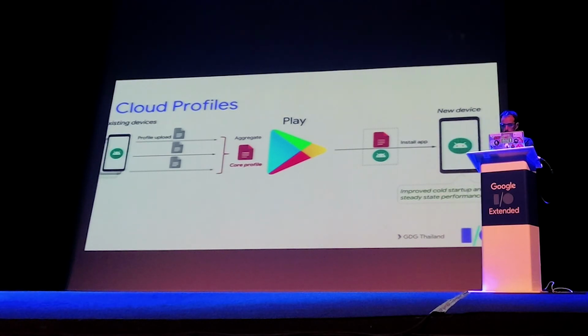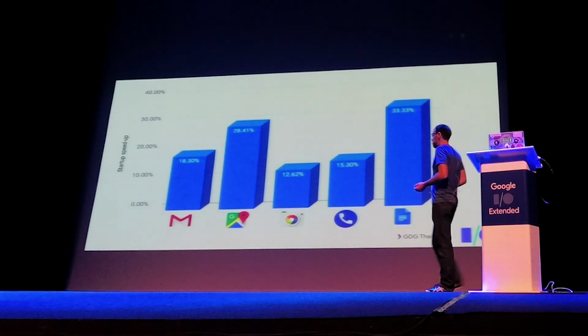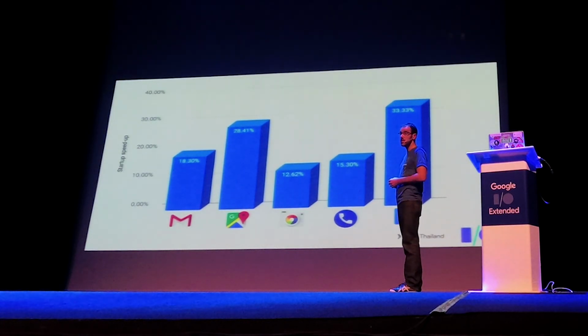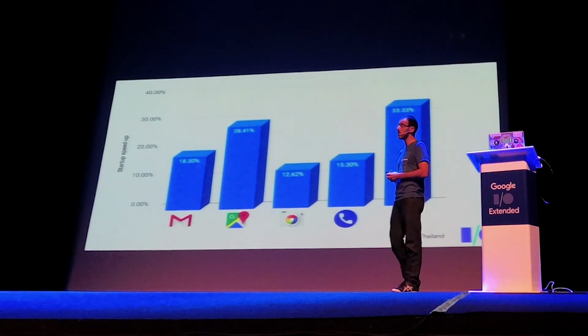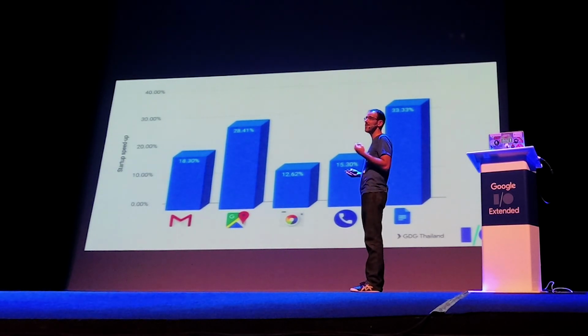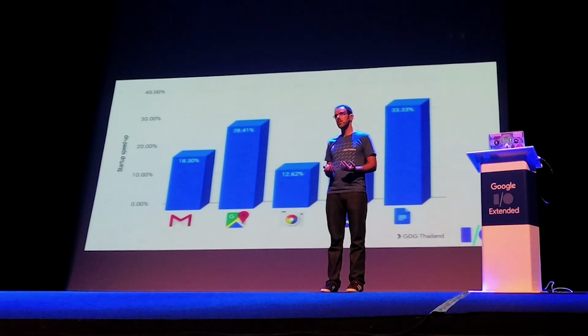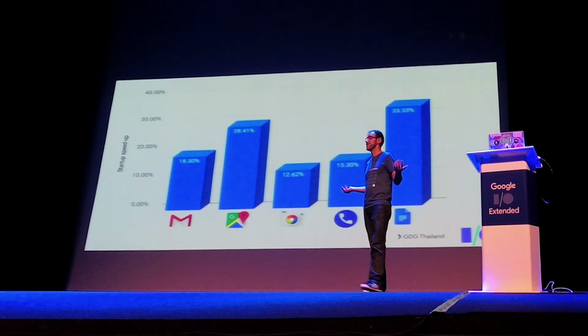So in terms of Android runtime, look at these results activating cloud profiling. In terms of Google Docs, for example, they have an improvement in startup time of 33%. It's a lot. So imagine that you have 1 second starting your app, and now you have only 0.3 seconds.